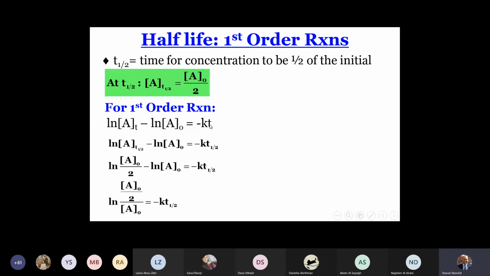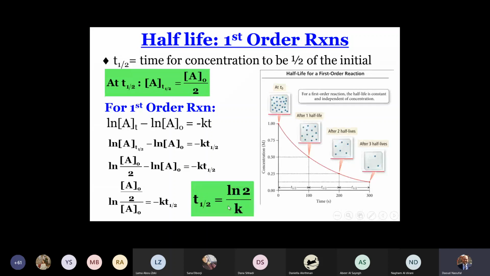Since this relation can be applied at any time t, and one of these times is t-half, ln A0 divided by 2 minus ln A0 equals minus K t-half. So ln of A0 divided by 2 over A0 equals minus K t-half, and we observe that t-half equals ln 2 over K.